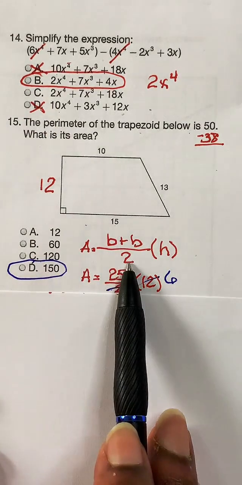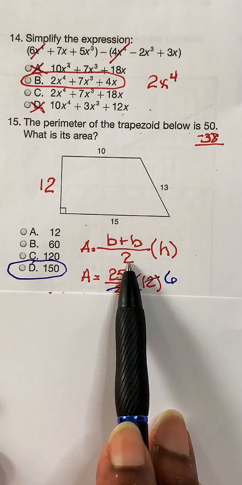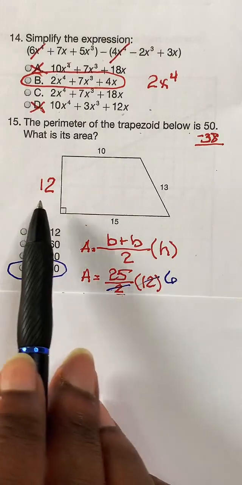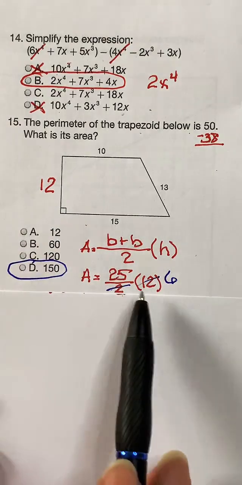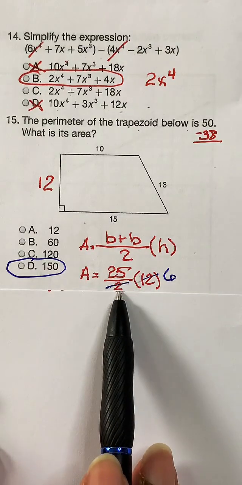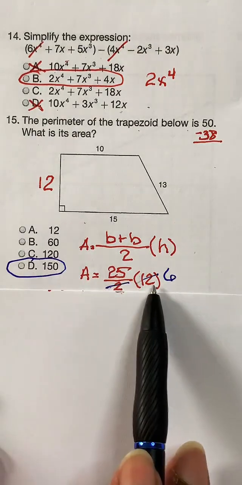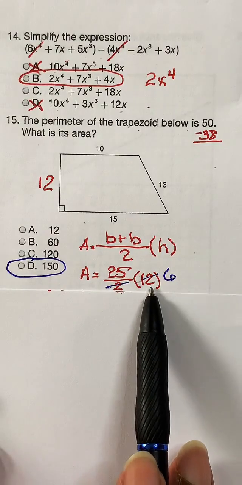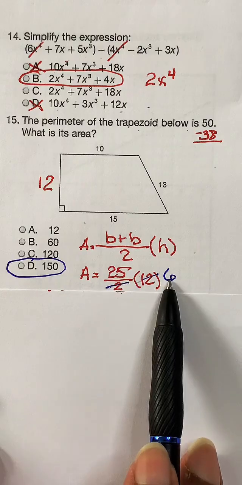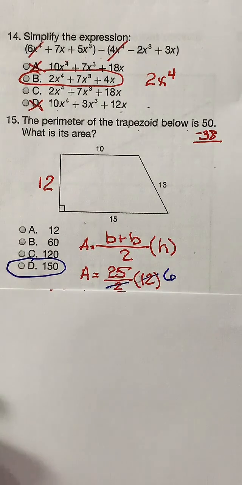Then we needed to find the area of a trapezoid, which is the sum of the bases divided by 2 times the height. So 15 and 10 gives us 25, divided by 2 times our height, which is 12. I know half of 12 is 6, and then 25 times 6 gave us our 150.